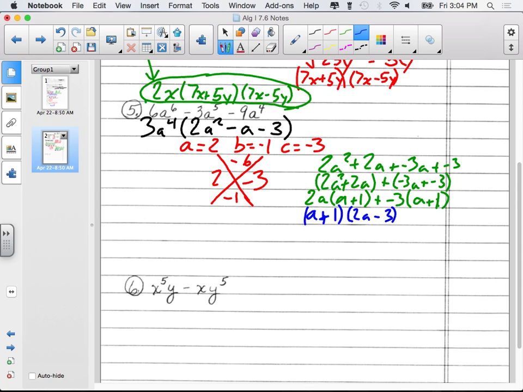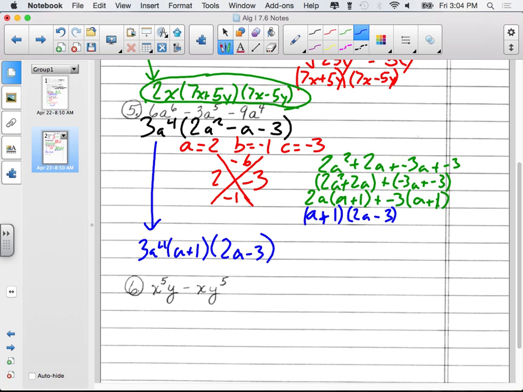All right, so we're done factoring there. Bring this one down, so we have 3a to the 4th times a plus 1 times 2a minus 3. Are we done factoring? Yes.